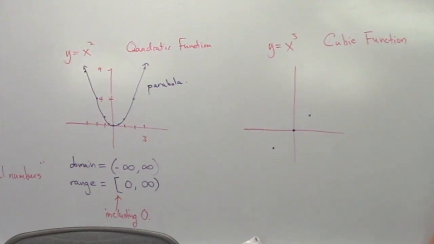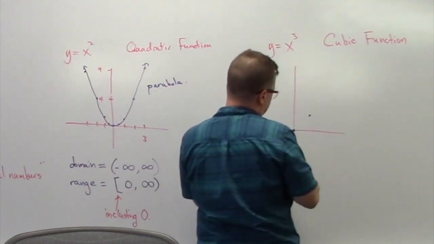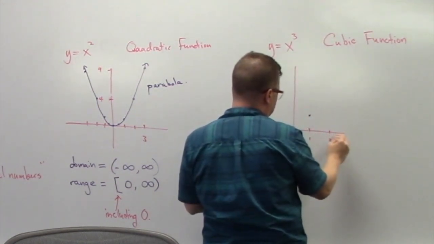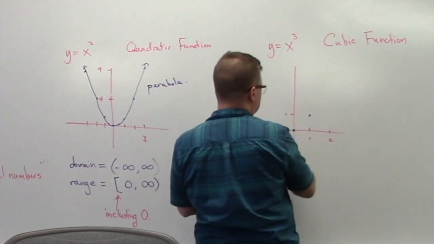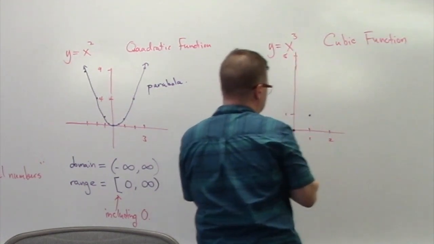Not 9. 3 squared is 9, but 3 cubed is 27. Okay, I don't want to write on the wall, but what about 2? 2 cubed is 8. This is 1, and this is 2. This is 1. It's not really drawn to scale, but let's just say that's 8.